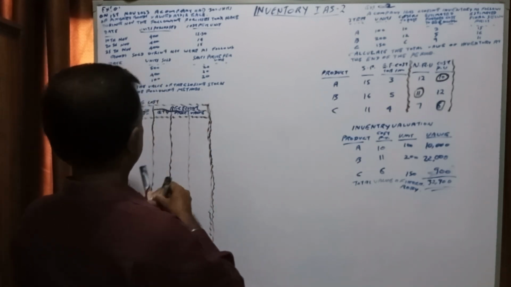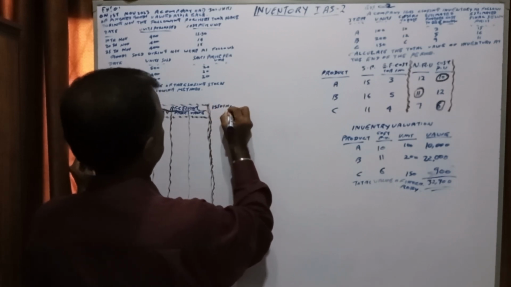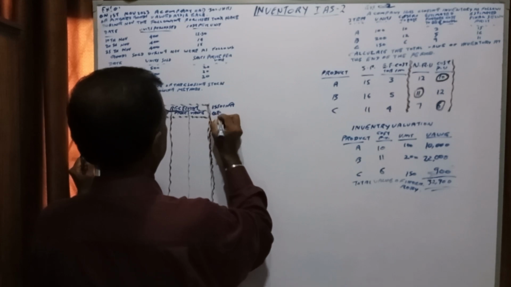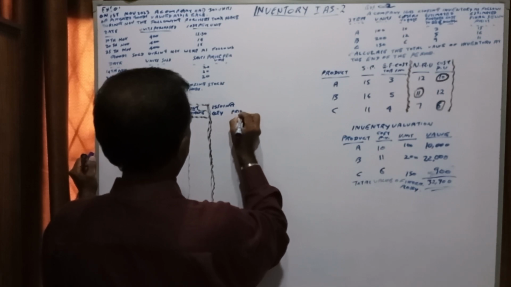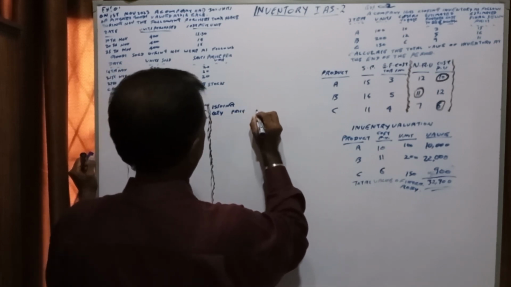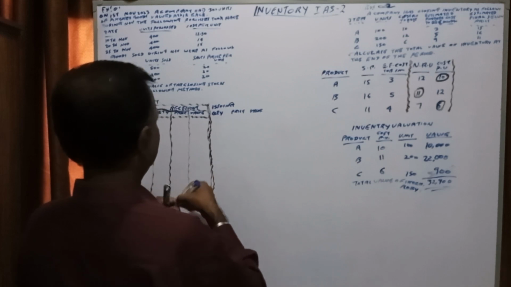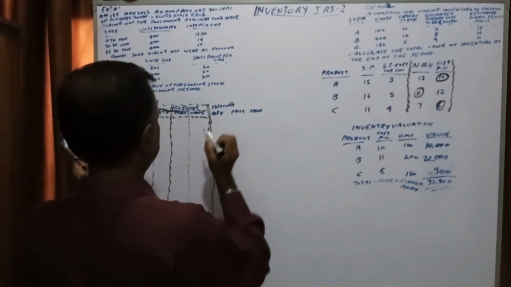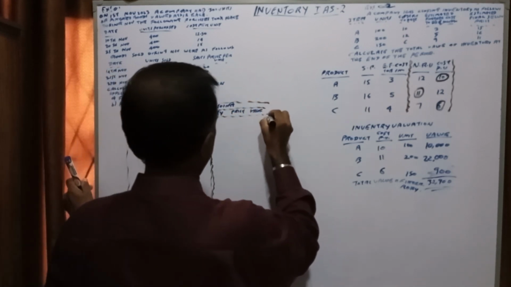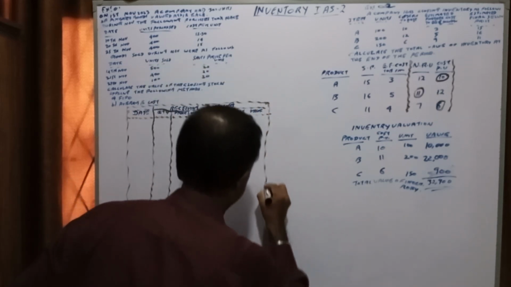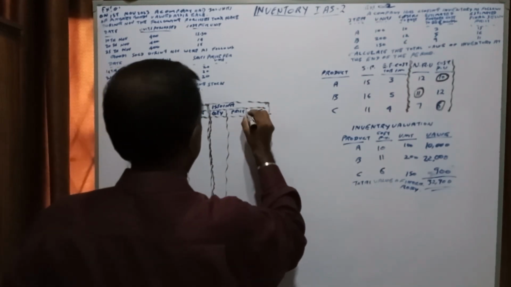Here we will say issuing. You see quantity, right? And price and value. Rather than saying price, we can say cost also. We can use the word cost.